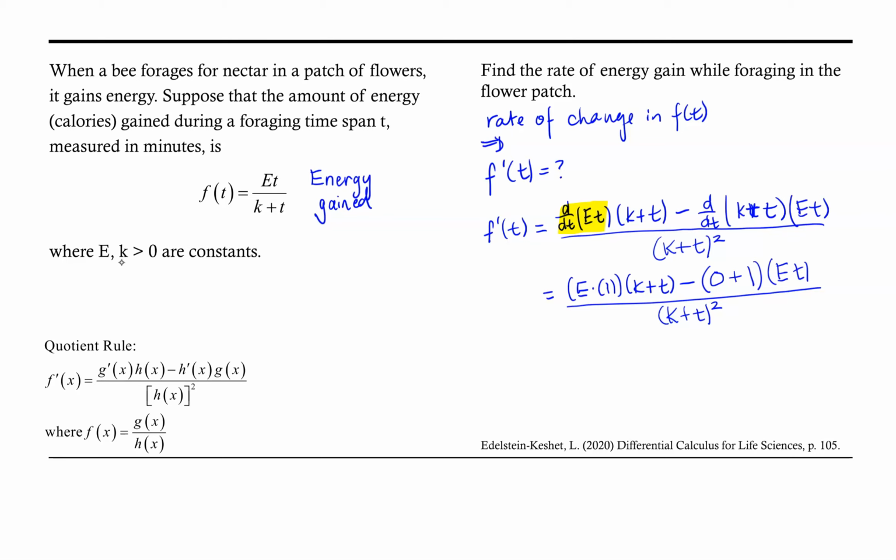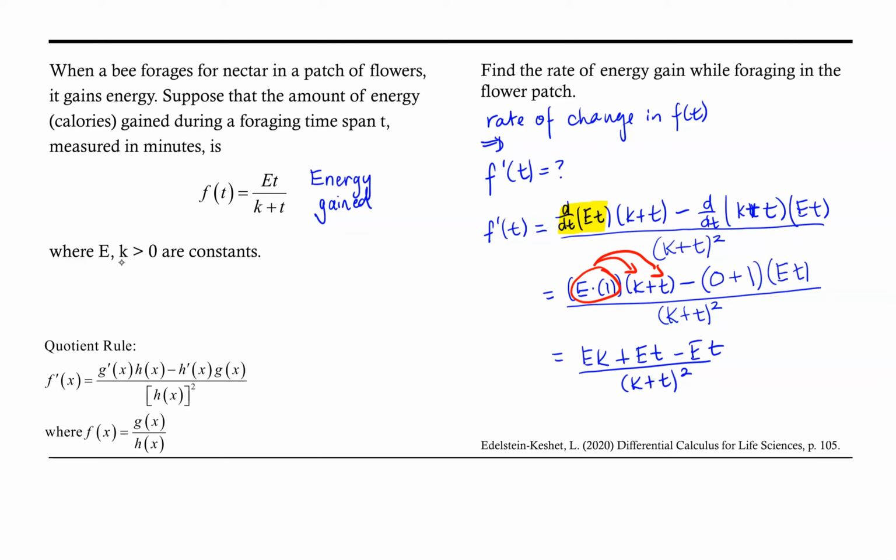All right, so multiplying out a few things in our numerator, I'll have e times k and then plus e times t. So we'll have ek plus et minus et, all over k plus t squared.